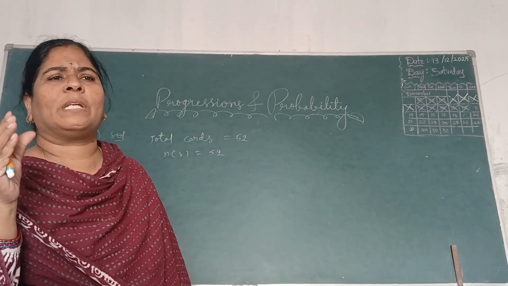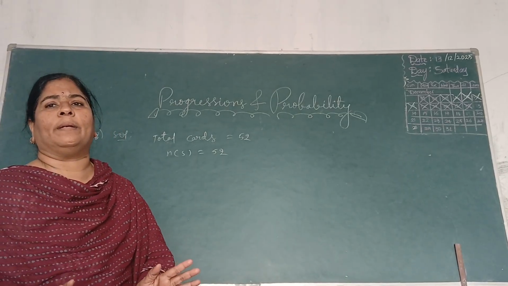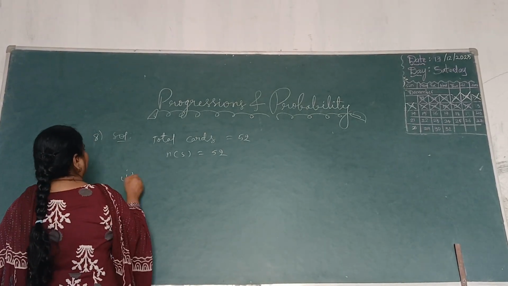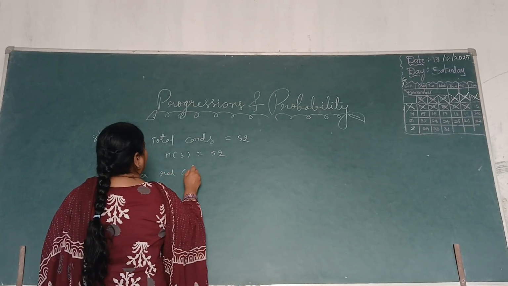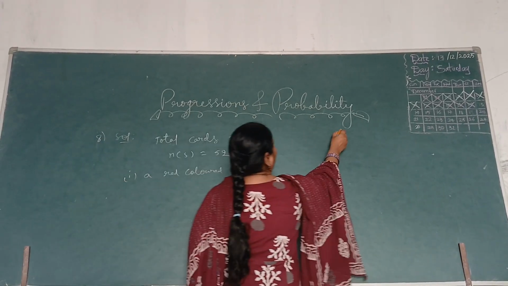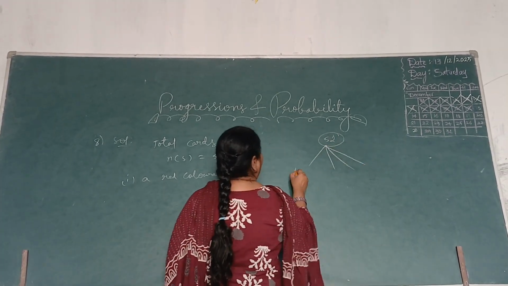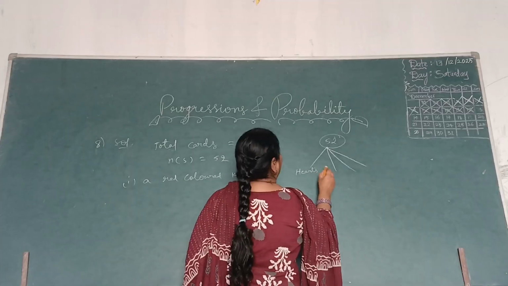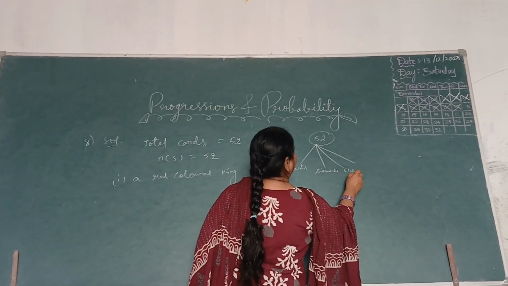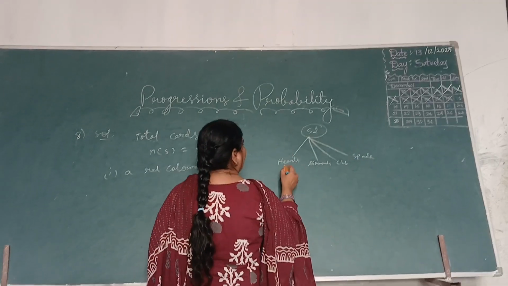So from those shuffled deck of cards, now what we want is important. What is the first one? A red colored king. Actually, you know, out of these 52 there are 4 types: hearts, diamonds, clubs, spades.